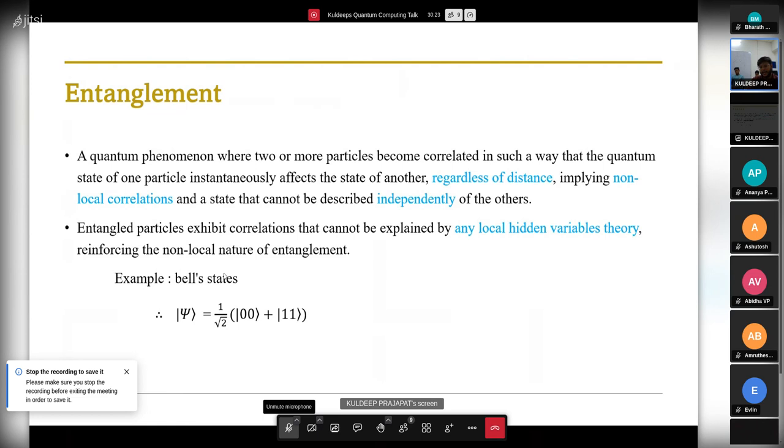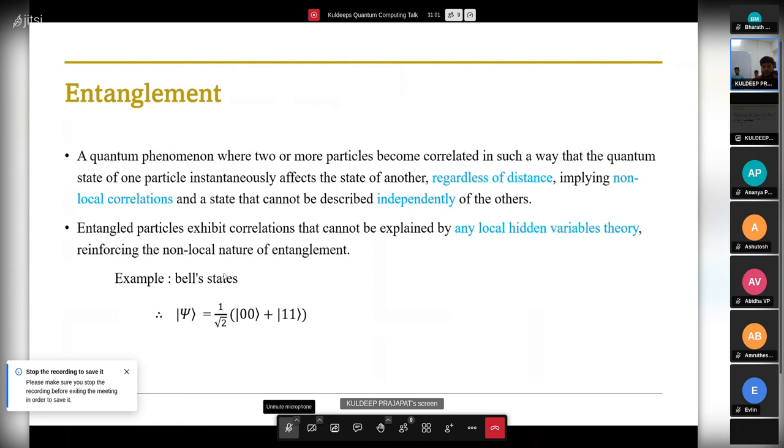Now suppose you take B to another continent, and now you do measurements on A. B will change its state to its respective entanglement state instantaneously, regardless of the distance. This phenomenon of entanglement can't be described by local variables, so these are non-local correlations.